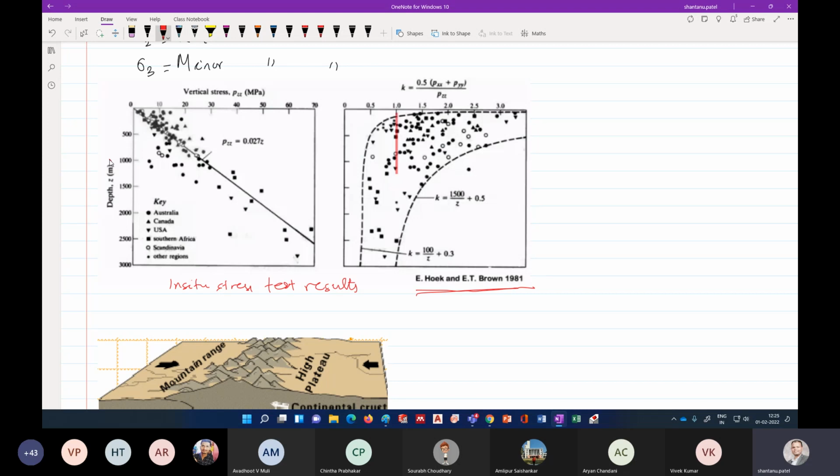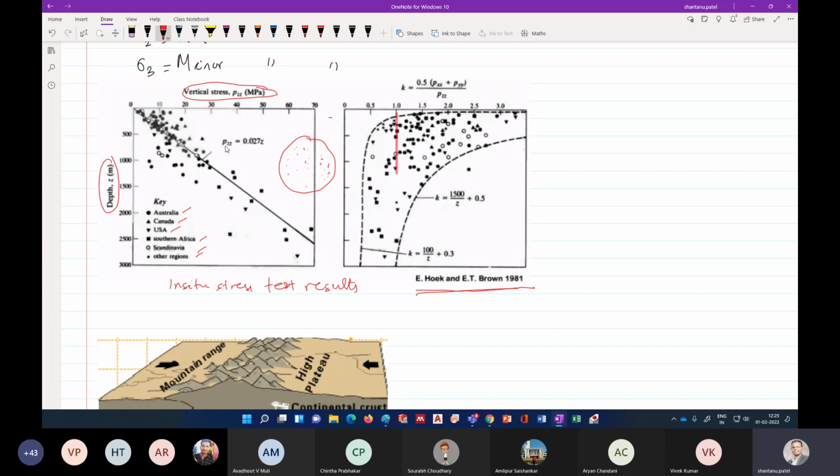One axis is the depth Z, and this is your vertical stress. So what this means is they took data from all around the world, from all the places. Wherever some data is published, in different locations in the world, they took those data and put it in this figure, right? Put it in an Excel file. So you can see, this is Australia, this is Canada, USA, South Africa, Scandinavia, and other regions. So they put all these data in this plot.